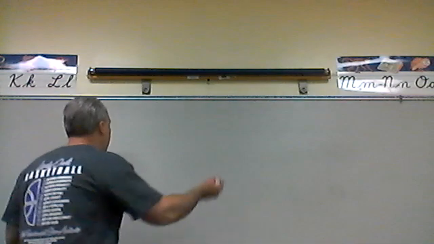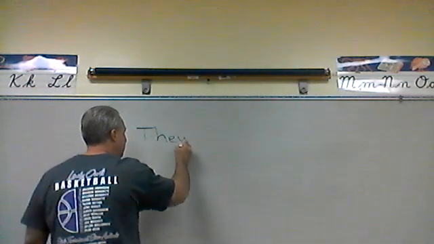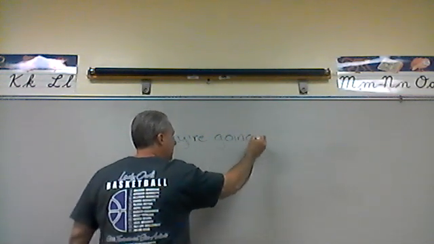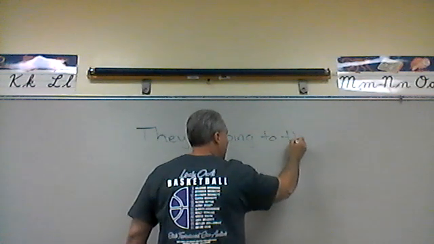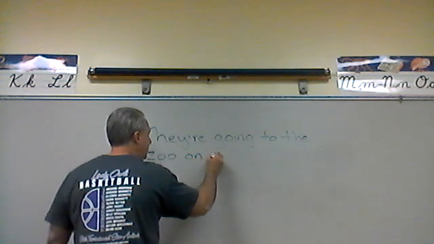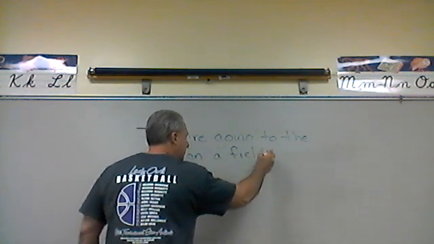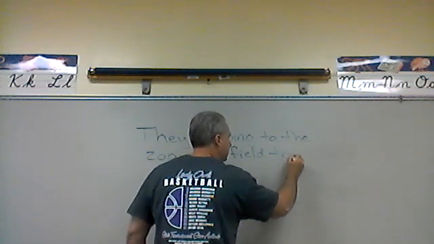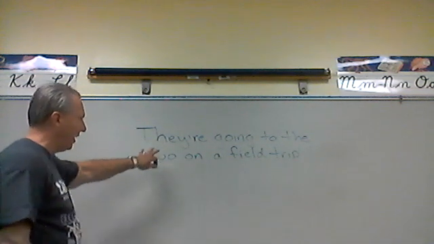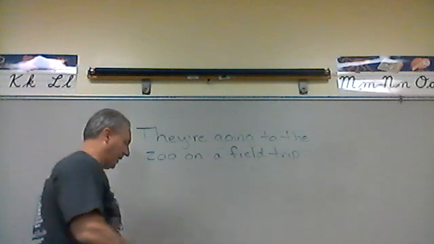For instance, we might say, they're going to the zoo on a field trip. Okay? It's the same thing as if we said they are. They're going to the zoo on a field trip. Very easy for that.